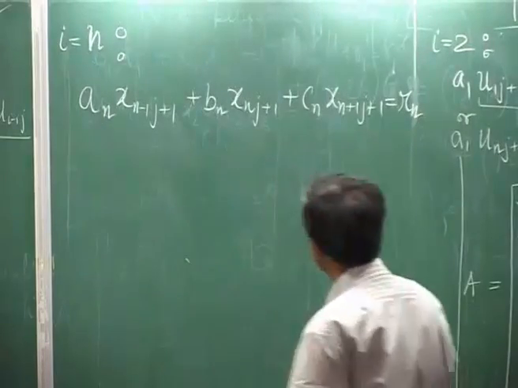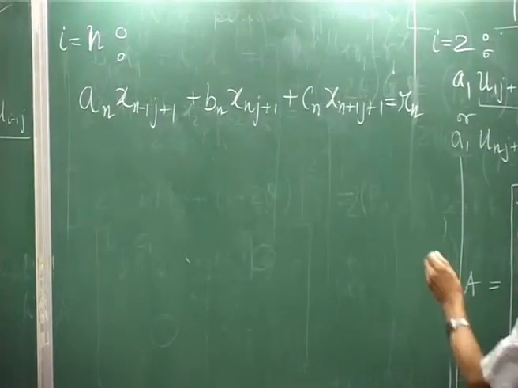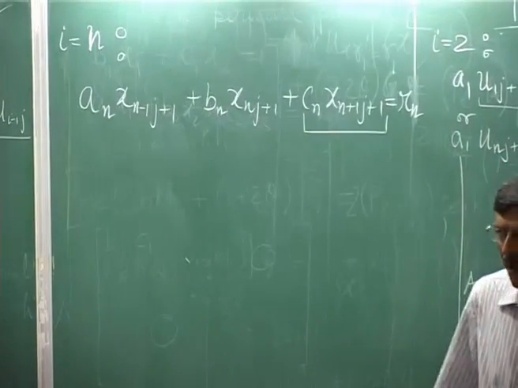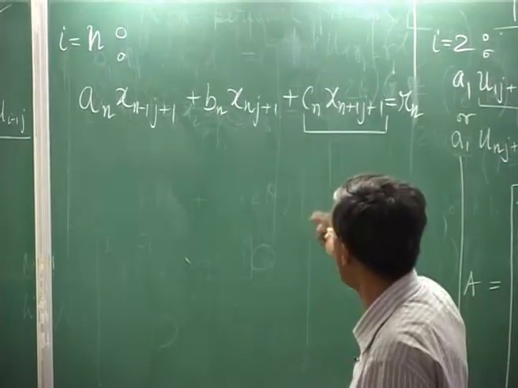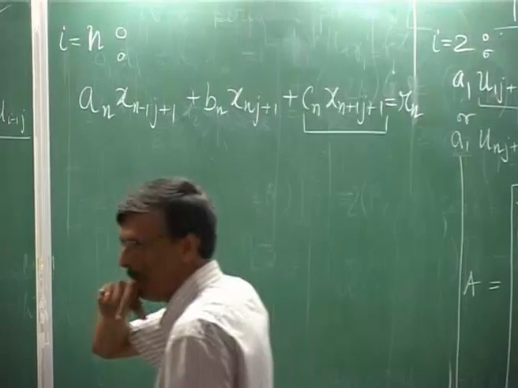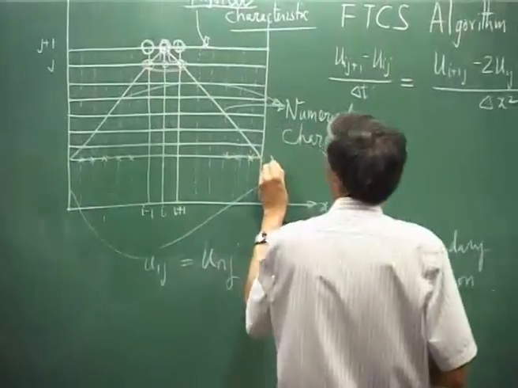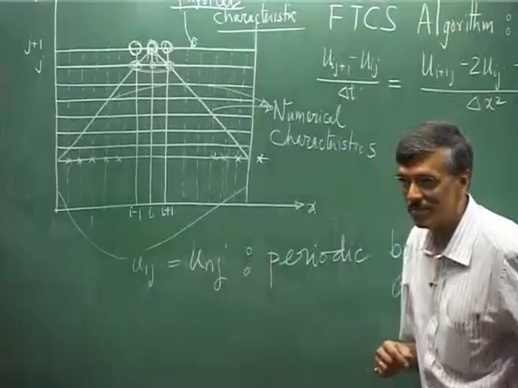Now this looks quite okay, except that our unknowns are from 2 to n. So what is n plus 1 doing there? What is the meaning of n plus 1? It would be some fictitious point here, isn't it?